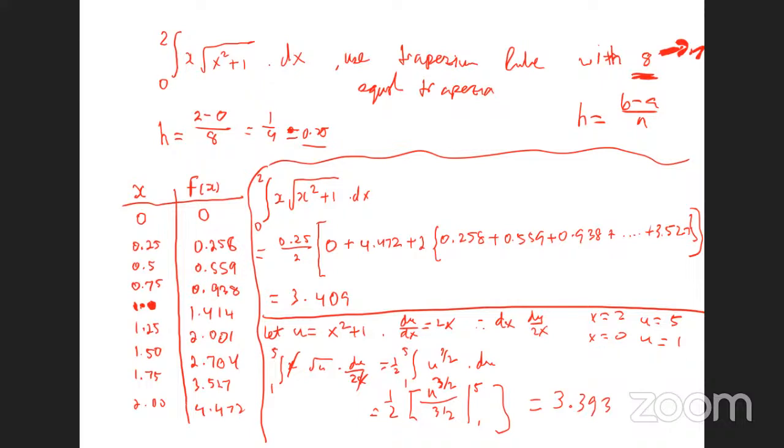N is equal to 9. Close to it. If they said 9 subintervals, you use N as 9.